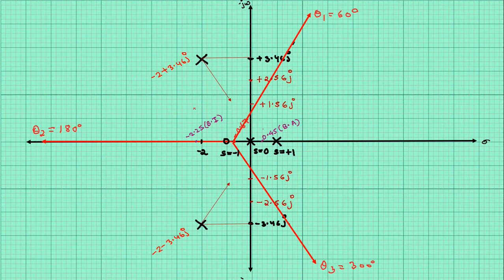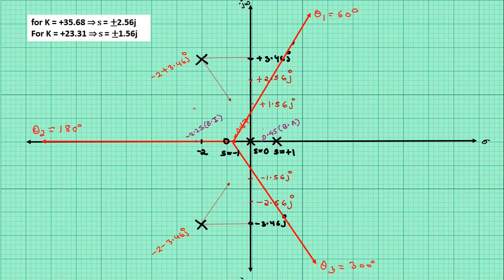Now what we have to do? We have to draw the final root locus. So this is our final root locus. Here we can see that both complex poles are coming towards this break-in point of minus 2.25, then divide into two different branches.